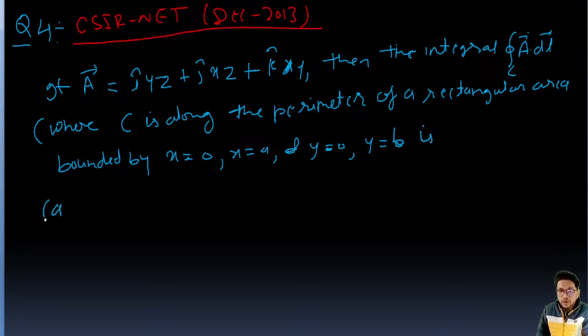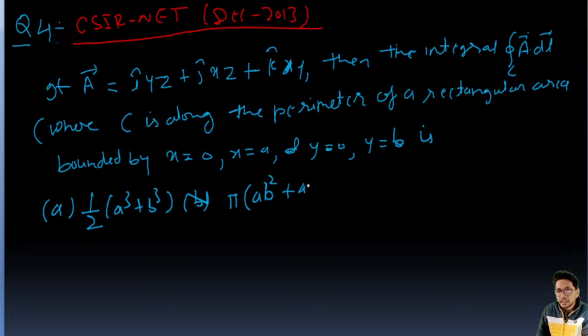Options are given. Option A: 1 by 2 (a cube plus b cube). Option B is pi (ab square plus a square b).